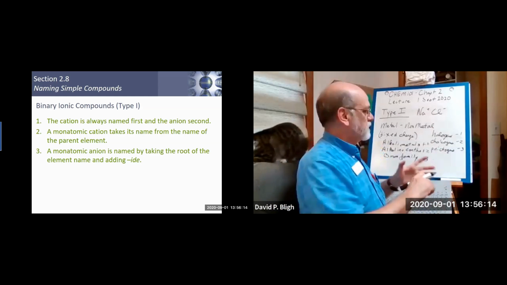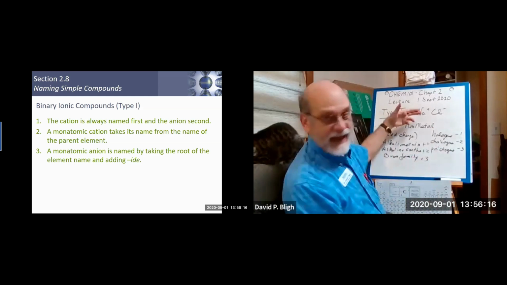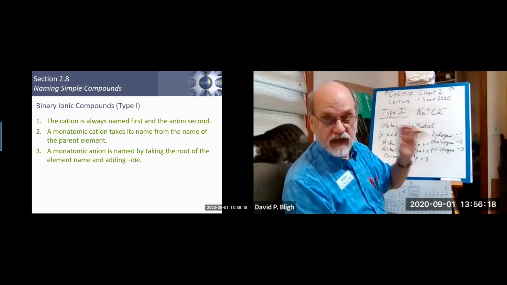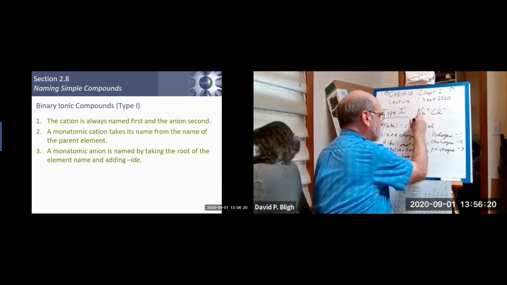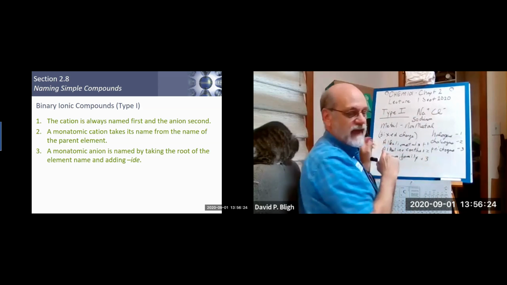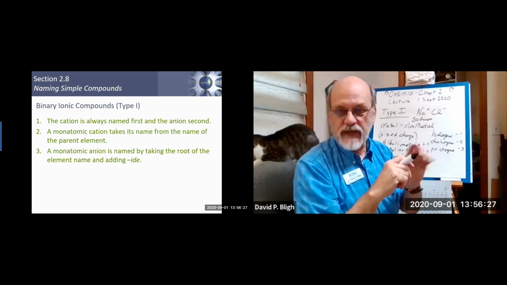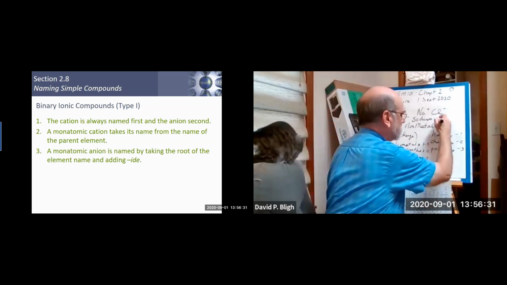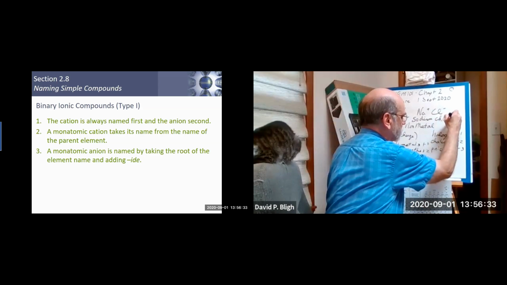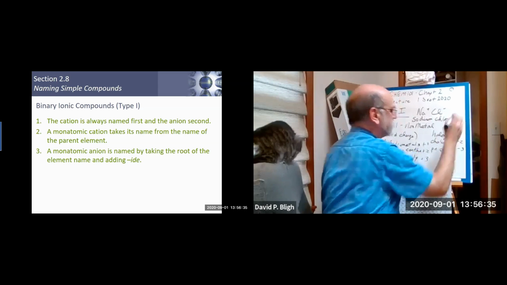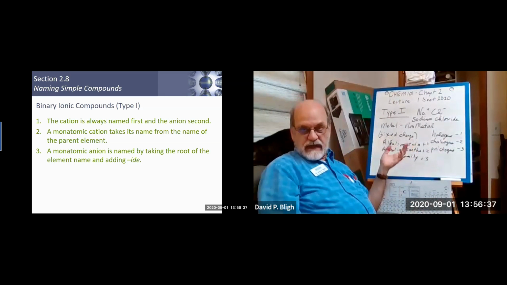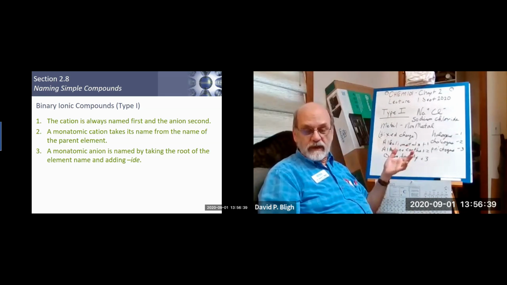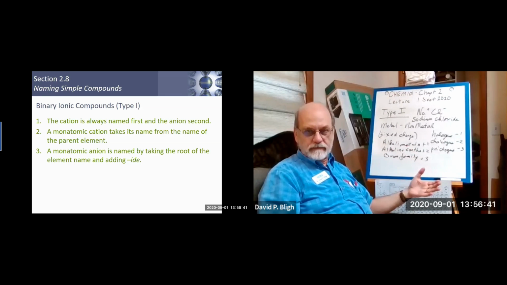Now, how do we name it? Well, the cation is always just the element name. And the anion is the element name with its ending changed to -ide. So NaCl is the right formula, and the name is sodium chloride.